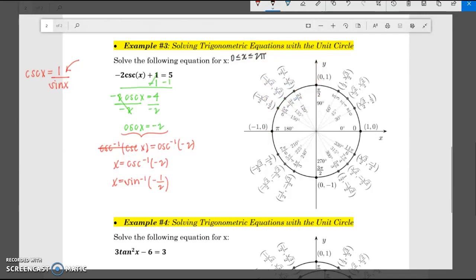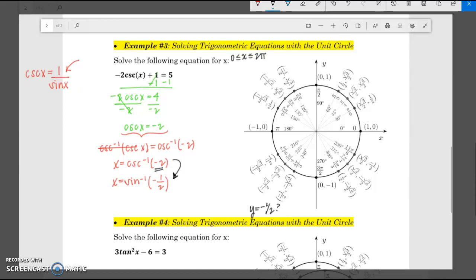Notice how flipping from a reciprocal to a sine, all that I did was take my original value of -2 and do 1 over that value, so 1 over -2. The reason I want to do that is then I'm just asking myself on the unit circle, where is my y value equal to -1/2? And that's a much easier question than trying to reason through the cosecants as we go around the unit circle.